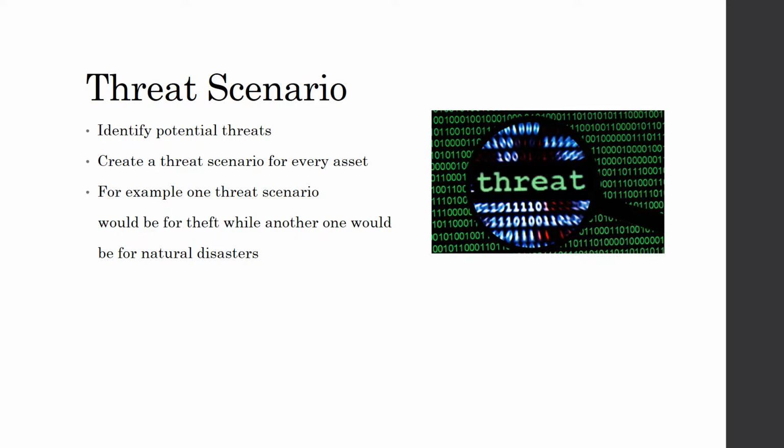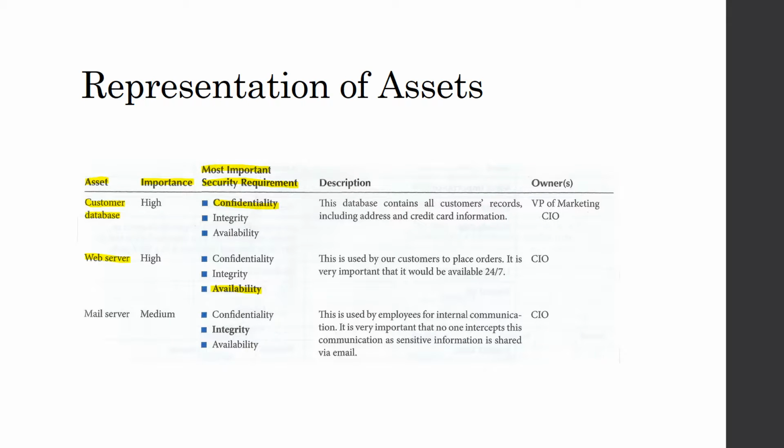Here's a good representation of assets which can help you when creating threat scenarios. Each asset is ranked from least important to most important. Also, each asset is categorized by the most important security requirement of the asset. Each security requirement is then described in relationship to the asset.